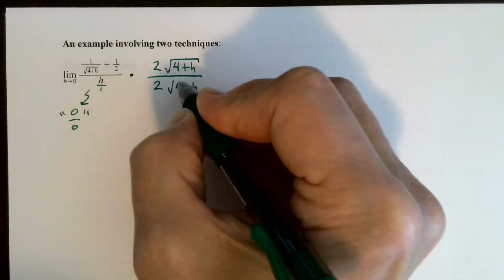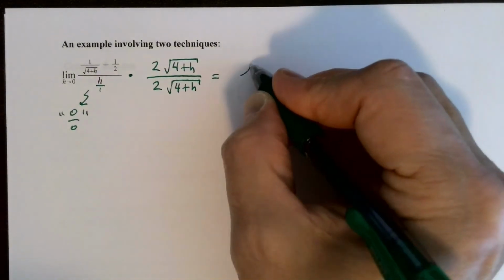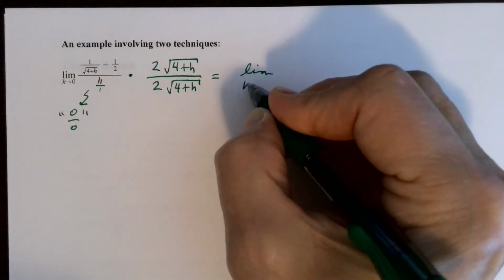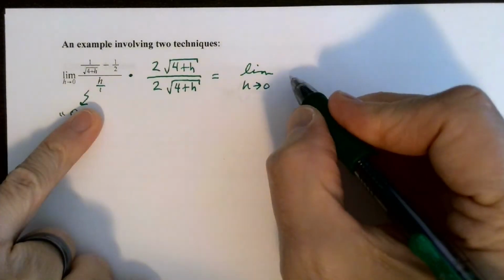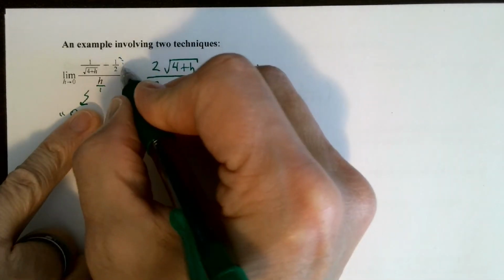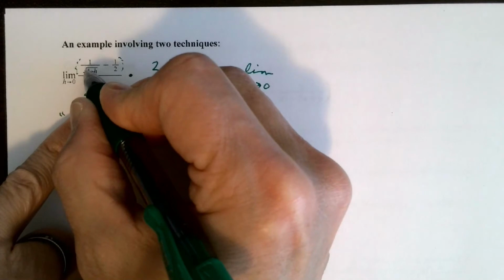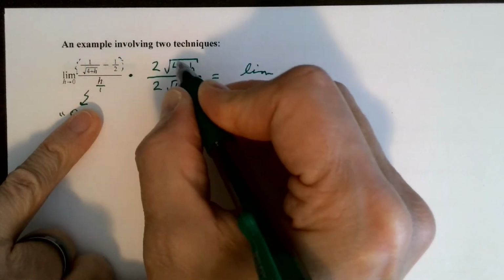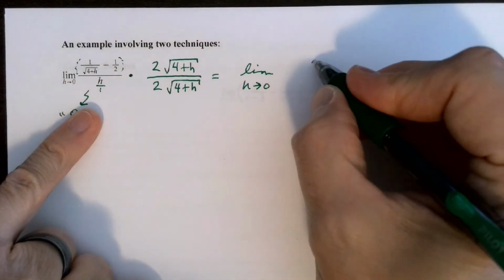And I'm going to do that to the bottom as well. So I'm multiplying by a grand total of 1. And now what happens up top? When I multiply this whole thing, I have to distribute it over these two fractions. And when I multiply it by the first fraction, the square root of 4 plus h will cancel with the square root of 4 plus h, leaving me 2 times 1, which is just 2.